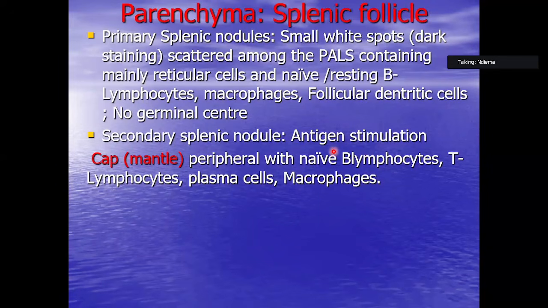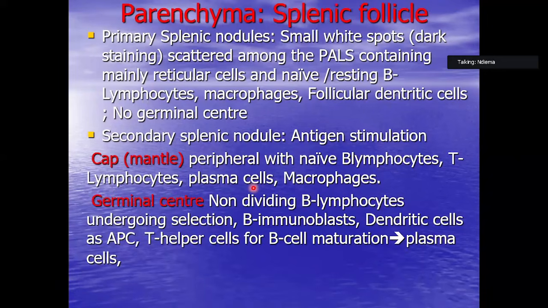We also have the plasma cells. These are cells which have been exposed to the antigen that will now get into circulation. And of course, the macrophages are important. Now, the germinal center comprised of the B lymphocytes that are not undergoing division, that are in resting stage, and also B immunoblasts. These are cells which are actively dividing.